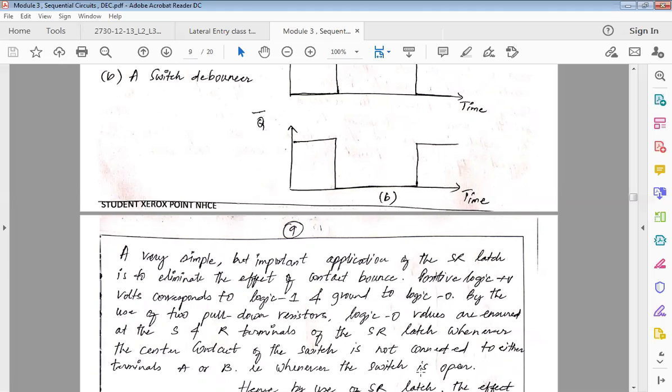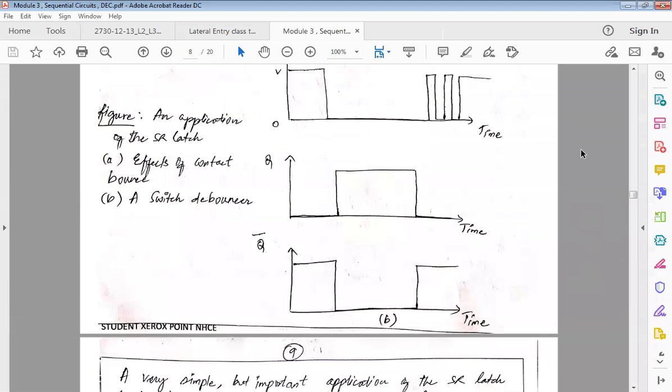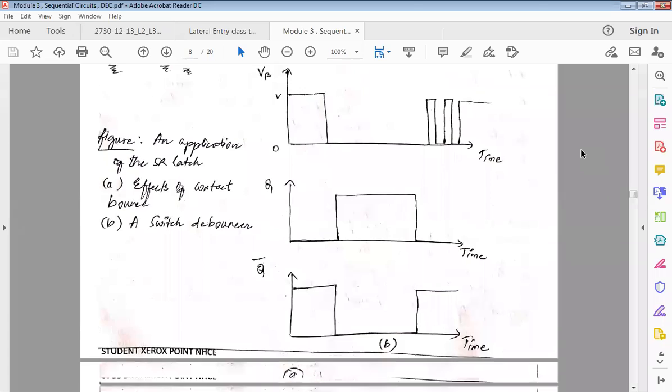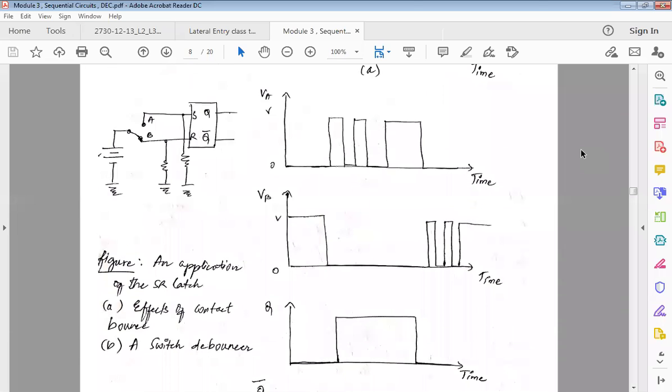So where is the switch debouncer used? Its application? See, I told you, no? Maybe in your pulse generators, where you want to generate pulses. In that case, you can even use this in your labs.